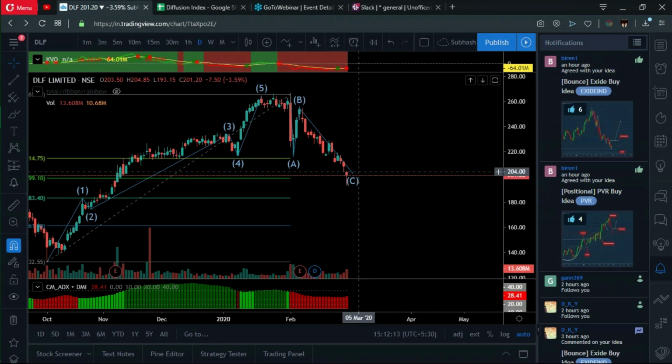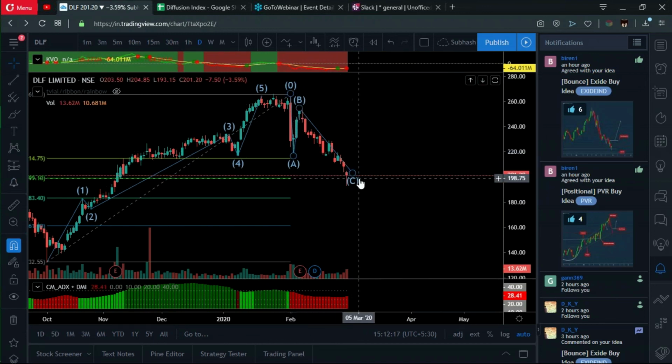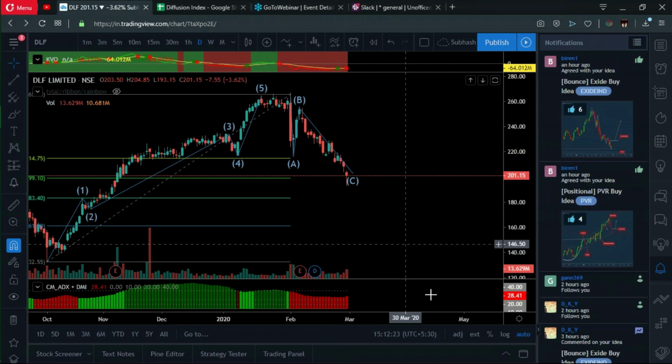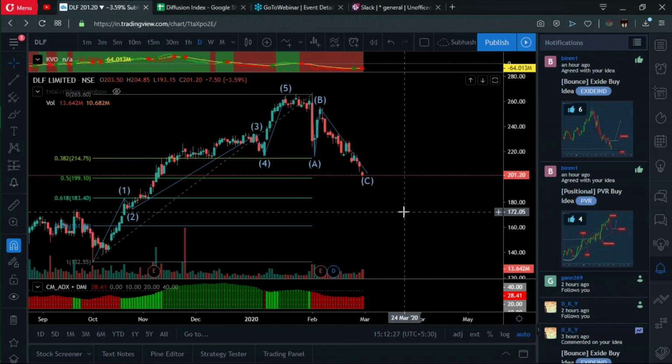The C here was calculated based on the length of A, right? It has already passed it, so if it has passed 1, then it will go to 1.618. Whatever there is, it will go till that.